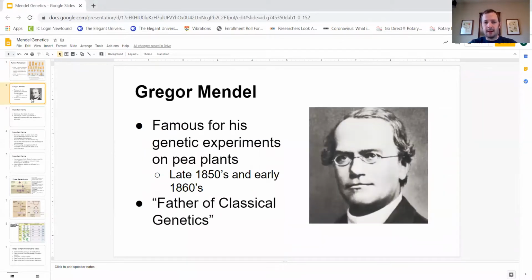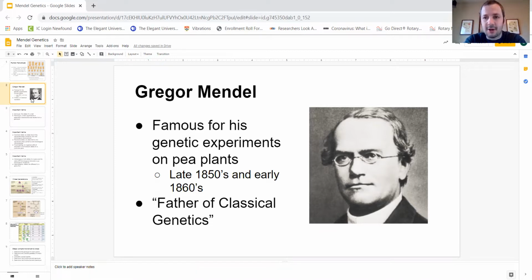So here's the man. So he's Gregor Mendel, famous for genetic experiments on pea plants in the late 1850s and early 1860s. He lived, worked, ran a monastery. This was kind of his hobby. In his free time, he did some pea plant studying.